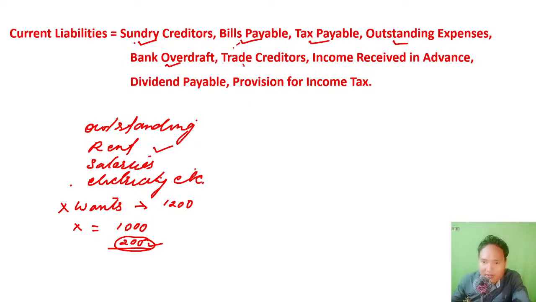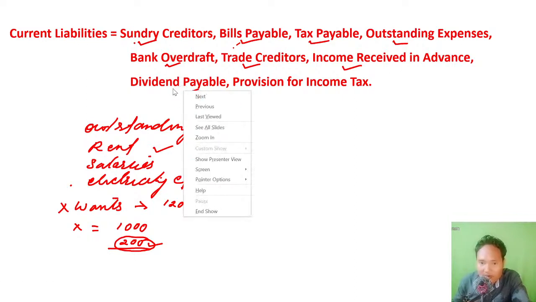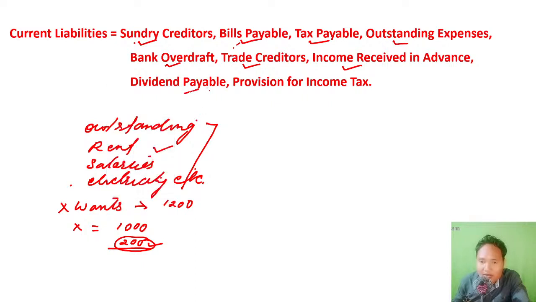Next we have trade creditors, income received in advance. If any organization takes money without giving services to that organization or individual, then that amount will be considered a current liability, because the services have not been given. Next we have dividend payable. Dividends are paid to the equity shareholders. When any company earns profit, the equity shareholders are entitled to a dividend.